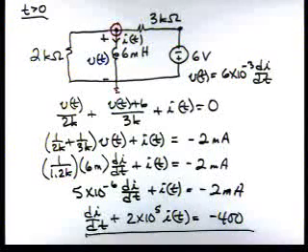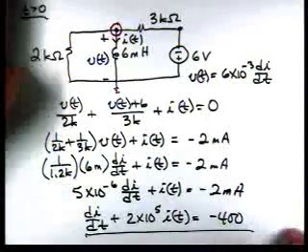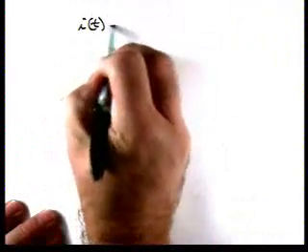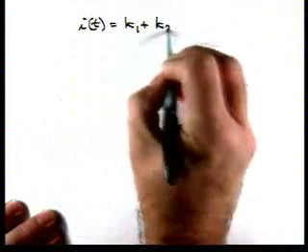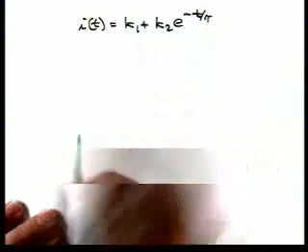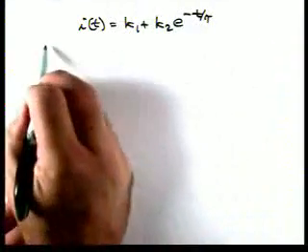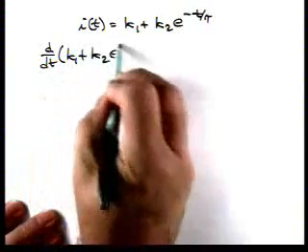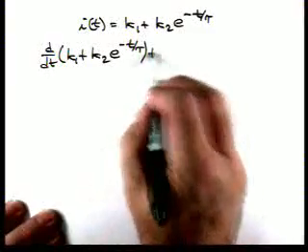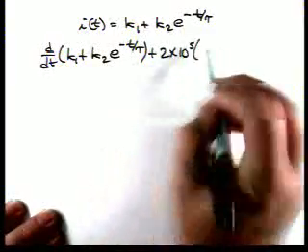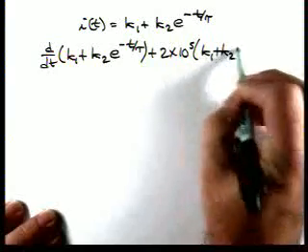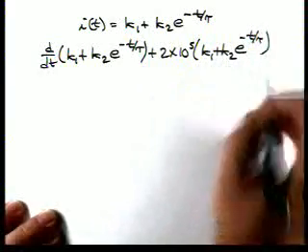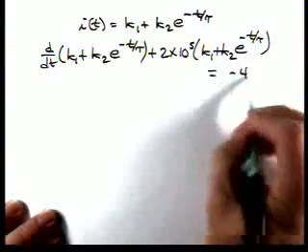Now what we're going to do is substitute in the form of our response. We know that i(t) is k1 plus k2 e to the minus t over tau. So now let's substitute in. We have di/dt of k1 plus k2 e to the minus t over tau, plus 2 times 10 to the 5th times k1 plus k2 e to the minus t over tau, and that's equal to minus 400.